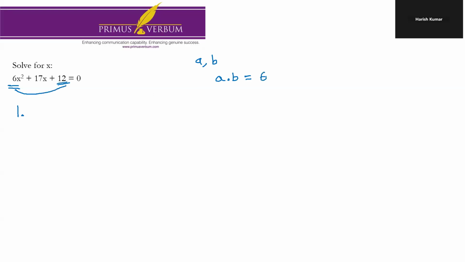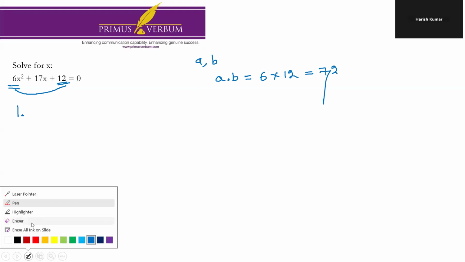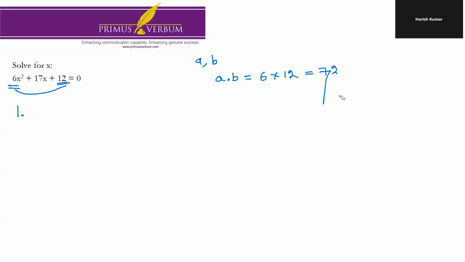That is, A times B should be equal to 6 times 12, which is 72. And A plus B should be equal to the coefficient of the linear term, which is 17. So we have to find such two numbers.